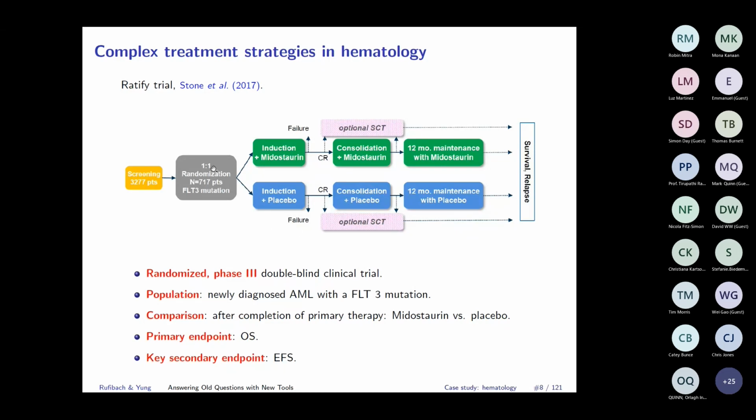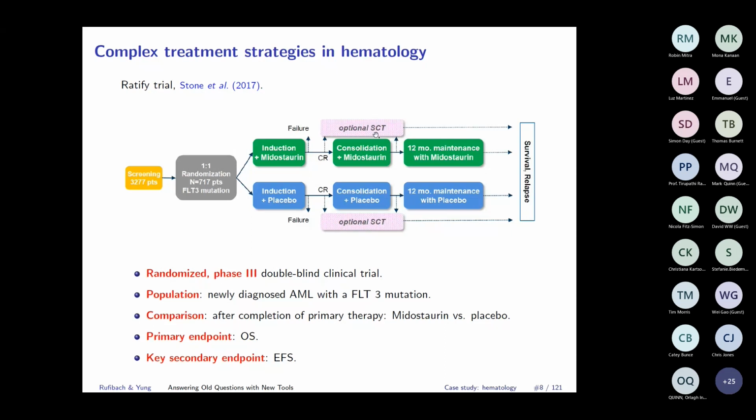So you are randomized, and then you get some induction therapy. If you fail, you leave the trial. If you have a CR, a complete response, so if you respond to the induction treatment, you get some consolidation treatment. After consolidation, if you reach a certain state of the disease, there is the option for stem cell transplant.